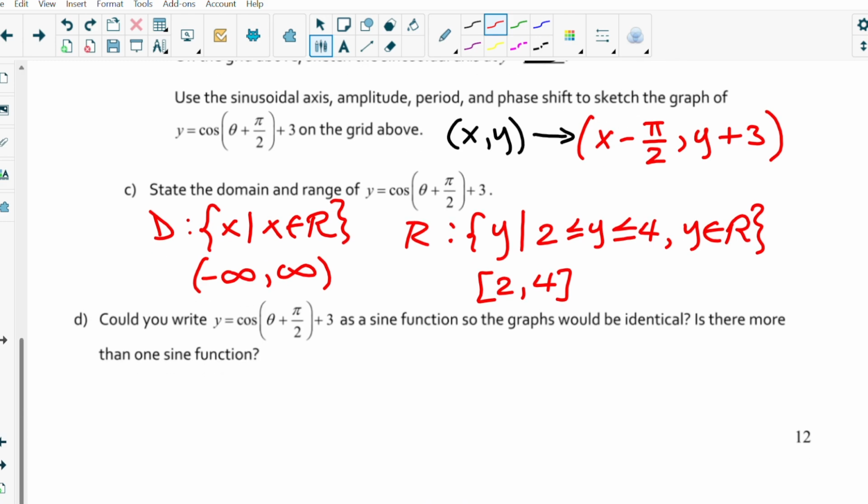Okay, letter D. This is what I'm talking about, equivalent functions, right? Could you write y equals cosine of theta plus pi over 2 plus 3 as a sine function so the graphs would be identical? Well, yes, I can. Let's see. So step 1 would be start with y equals sine of x.